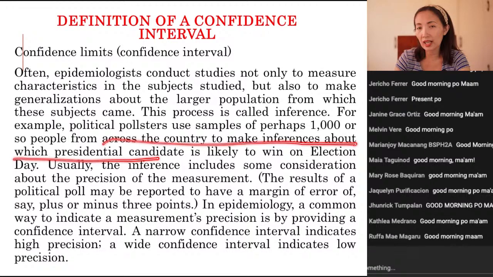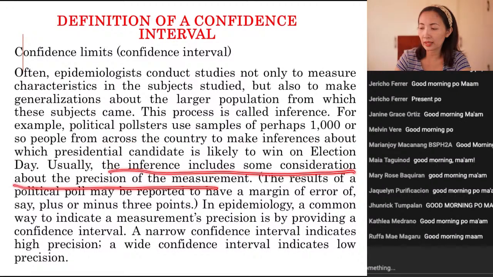And the inference includes some consideration about the precision of the measurement. The results of a political poll may be reported to have a margin of error, say plus or minus 3 points.